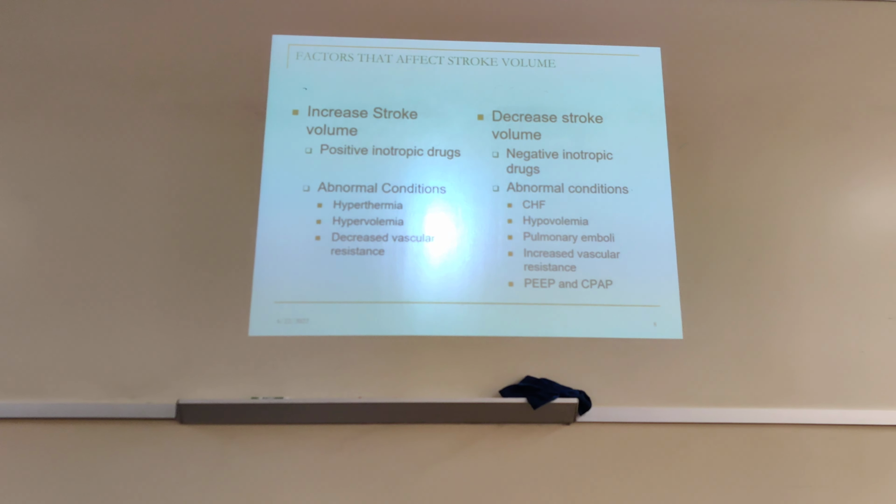Because oxygen is a vasodilator, so when you don't have enough of it, you have constriction. So that constriction out there in the pulmonary vasculature will back all the way up into the pulmonary artery. So you have increased afterload there, therefore making it very difficult for the right ventricle to pump out blood. Any questions about that?